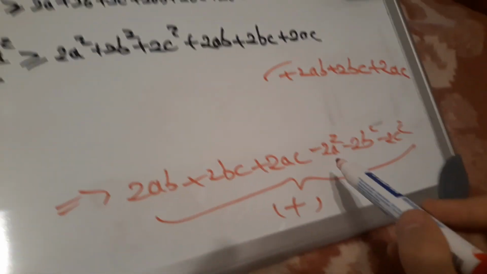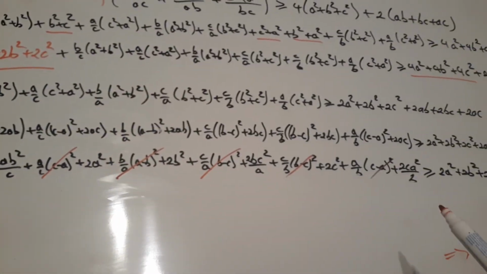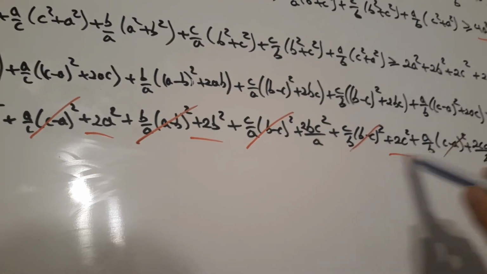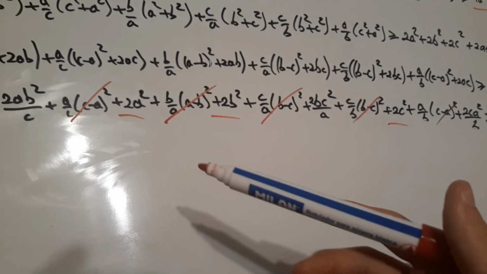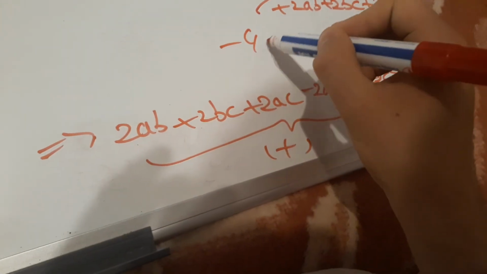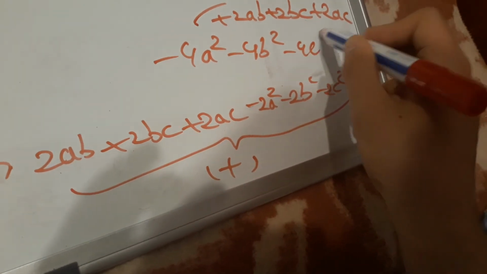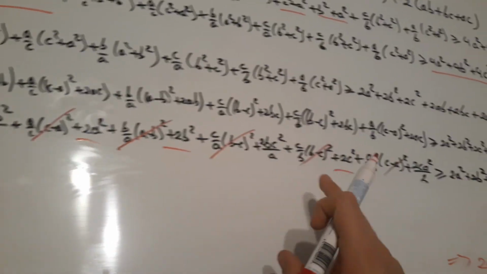And now, to write minus 2a squared minus 2b squared minus 2c squared, we see that we have it here with the positive sign. So we have to subtract 4a squared, 4b squared, 4c squared to obtain here minus 2a squared, minus 2b squared and then minus 2c squared. Let's see.